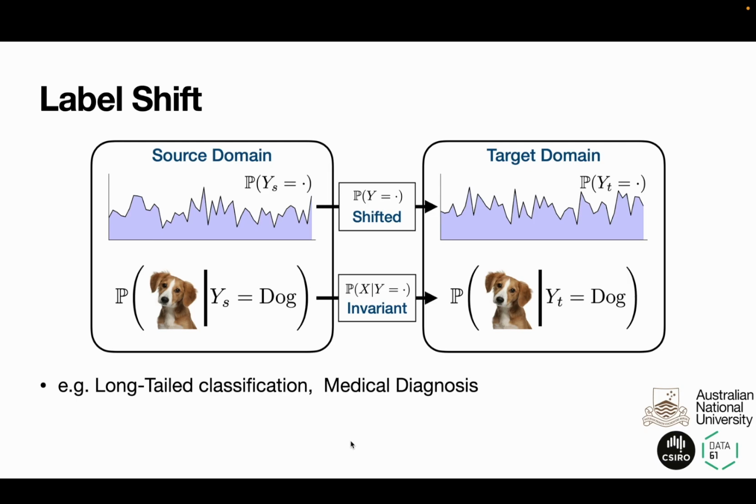Under label shift, the label distribution is different between the source and target domain, whereas the conditional distribution of the image given label is invariant between source and target domain. For example, the long-tail classification problem can be seen as a label shift problem, where the source domain has a long-tailed label distribution and the target domain has a uniform label distribution.